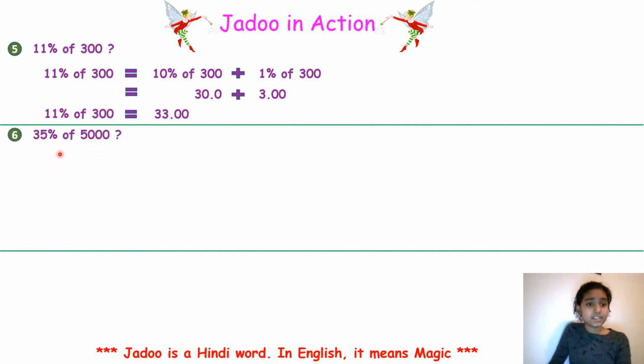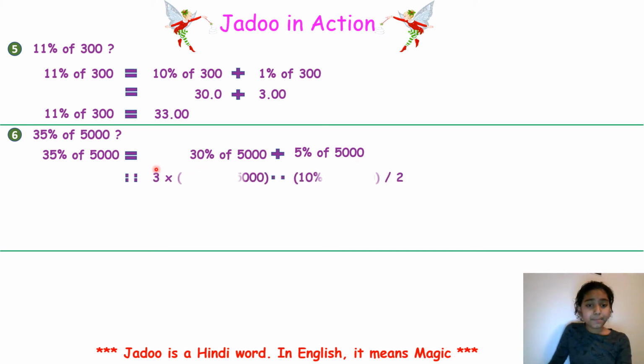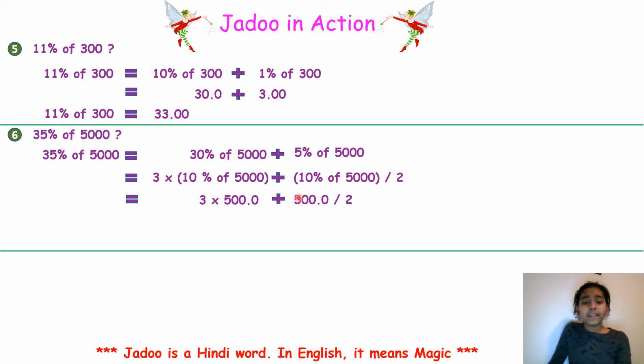Okay, next, 35% of 5,000. As per the trick, I've written it like this. 10% of 5,000 is 500.0, times 3, and then 5% is 500.0 divided by 2.